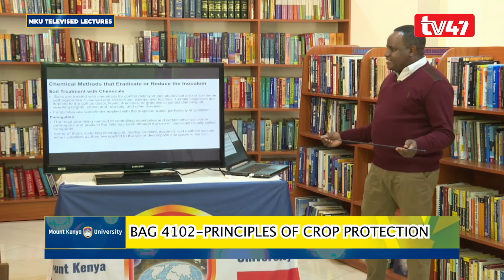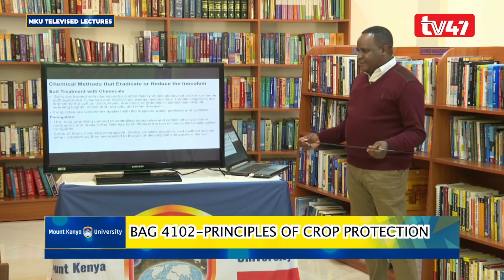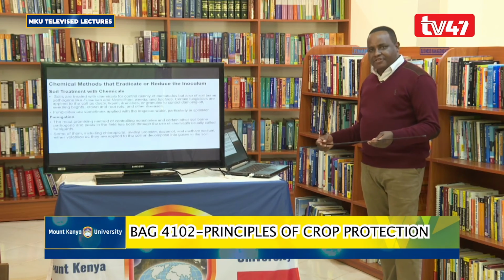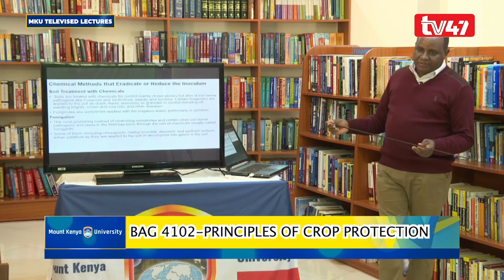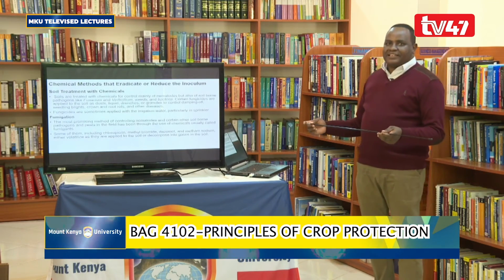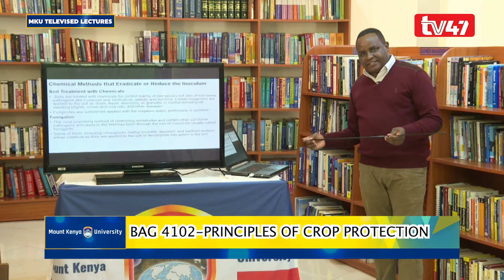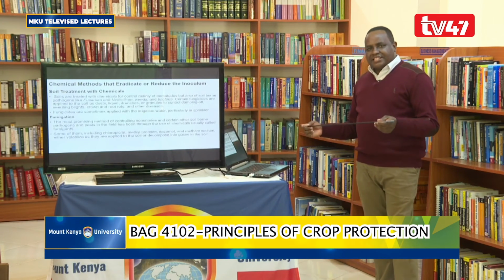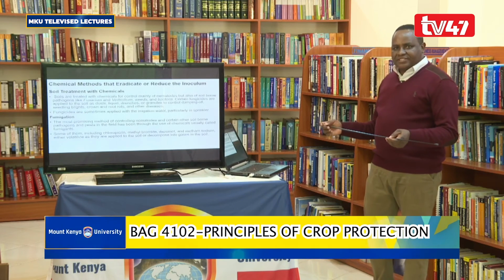Like I've said, in soil you can do soil treatments. I mentioned fumigants. Some of them are becoming less and less. Israel is the highest producer of methyl bromide, but due to concern about its effect on the ozone layer, which protects us from some of the harmful sun rays, it has been discontinued. A few countries still continue to use it.